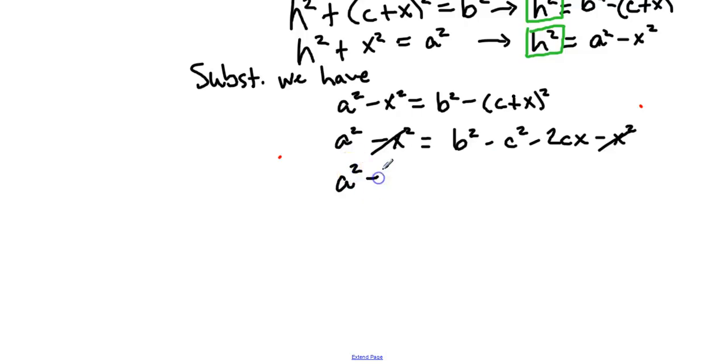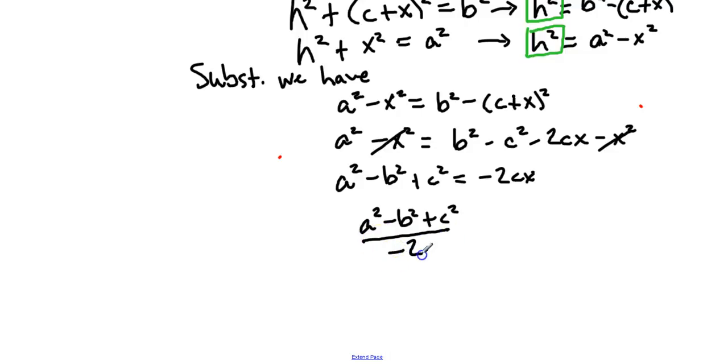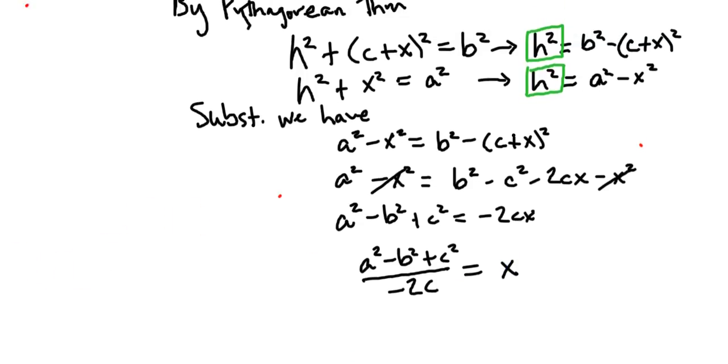So a squared minus b squared plus c squared is going to equal negative 2cx. And then dividing by negative 2c, we end up with a squared minus b squared plus c squared over negative 2c. And that's our expression for x.